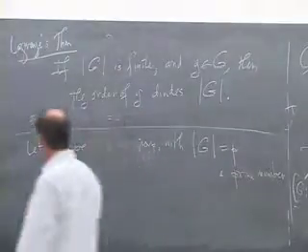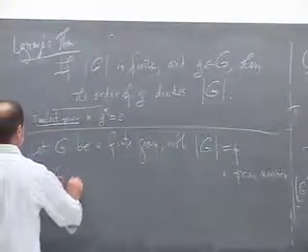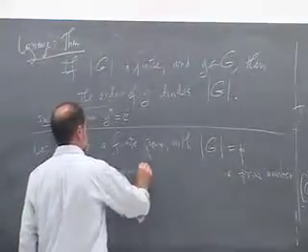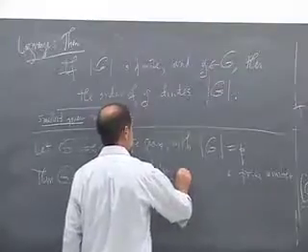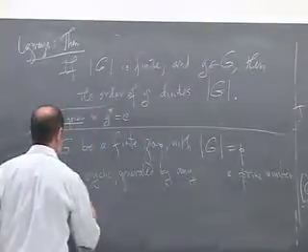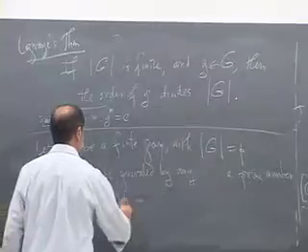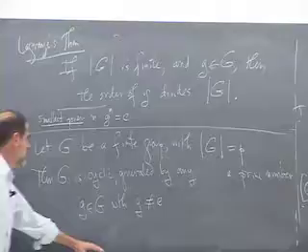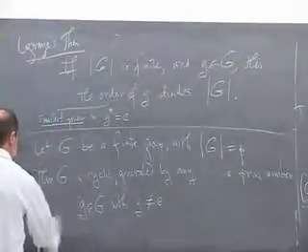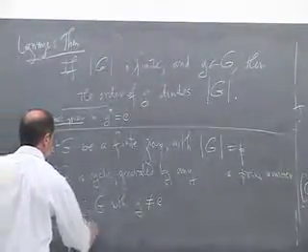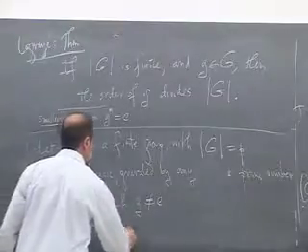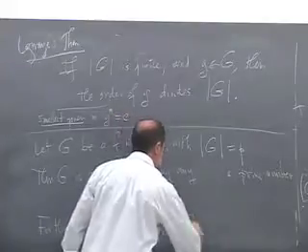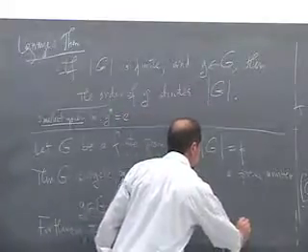Then G is cyclic, generated by any g in G with g not equal to the identity. Furthermore, the only subgroups of G are E and G.